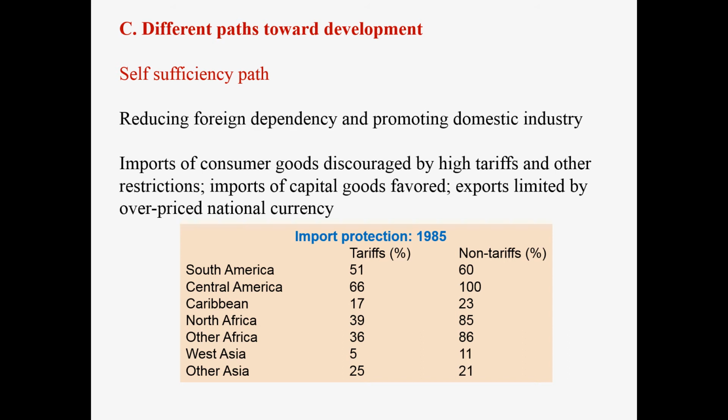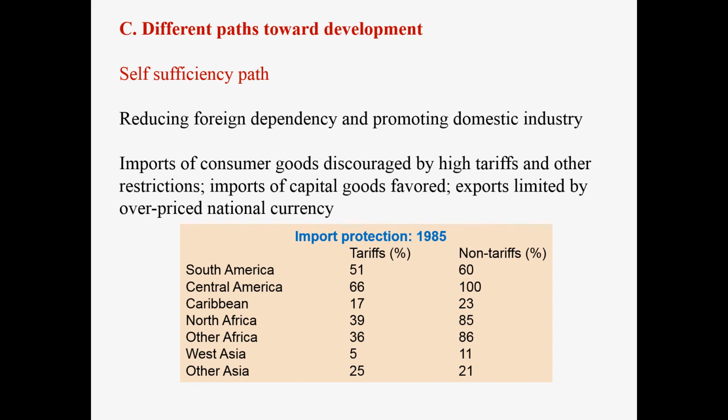This slide shows that some countries that adopt the self-sufficiency development strategy set up very high barriers to import. Look at South America and Central America: they have very high barriers toward imports from foreign countries.